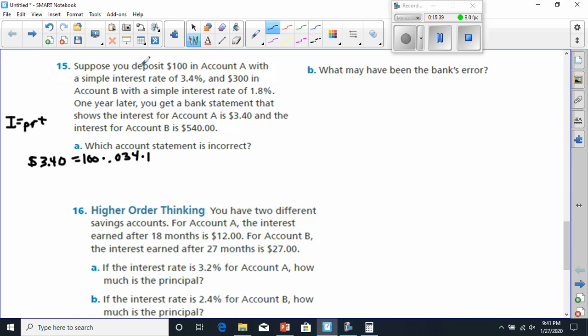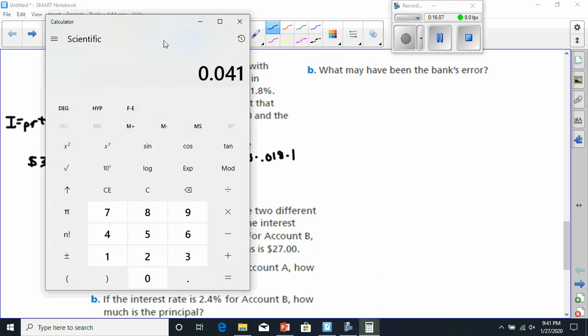Now let's check for account B. It says $300, well, it's $300 of principal, in account B with a simple interest rate of 1.8, so we're going to have to move that over twice. That'll give us 0.018. And it's still 1 year later, so it'll be times 1. And now we got 300 times 0.018. Let's see here.